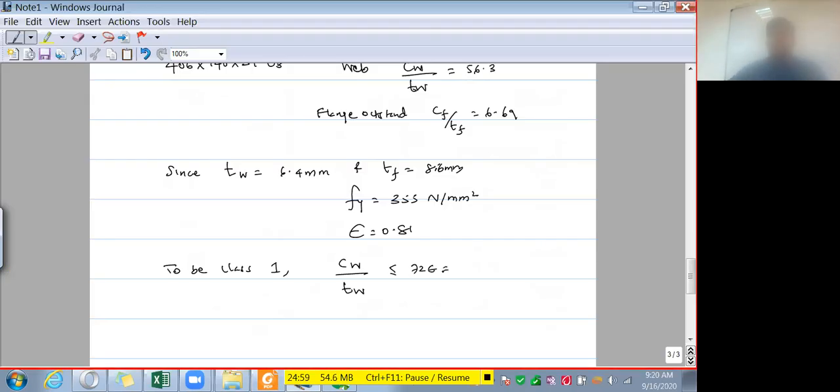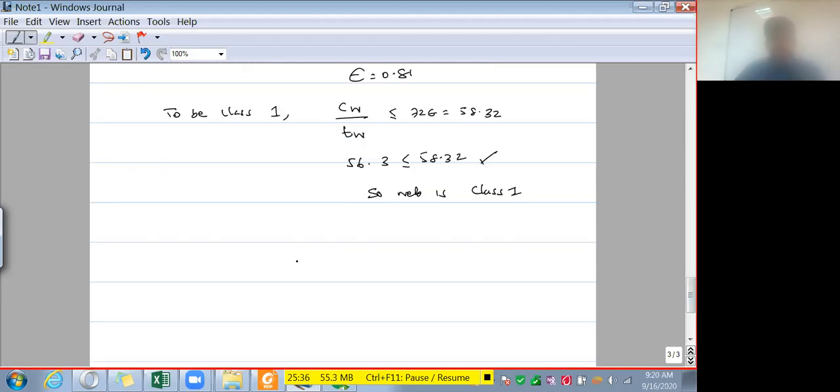So 72 epsilon is equal to 72 into 0.81, that is 58.32. So our web satisfies. 56.3 is less than or equal to 58.32, that is correct. So the web is class 1.